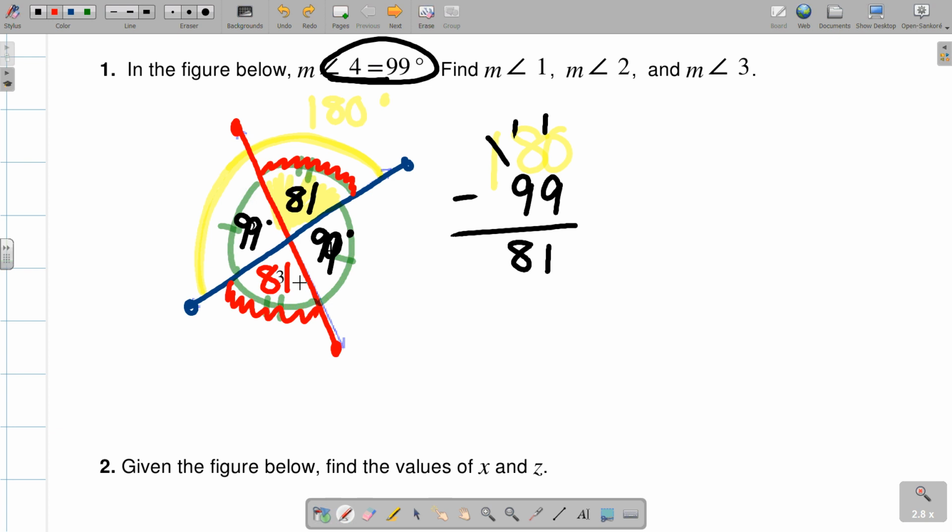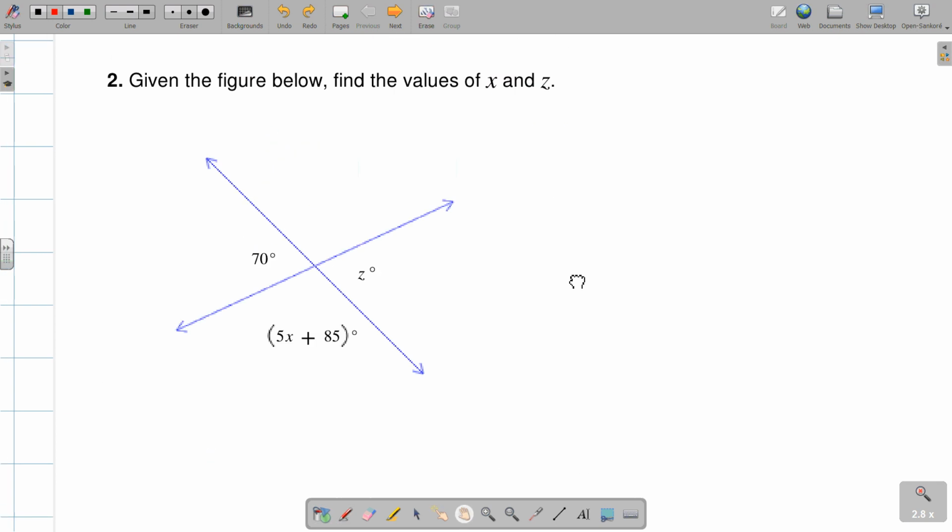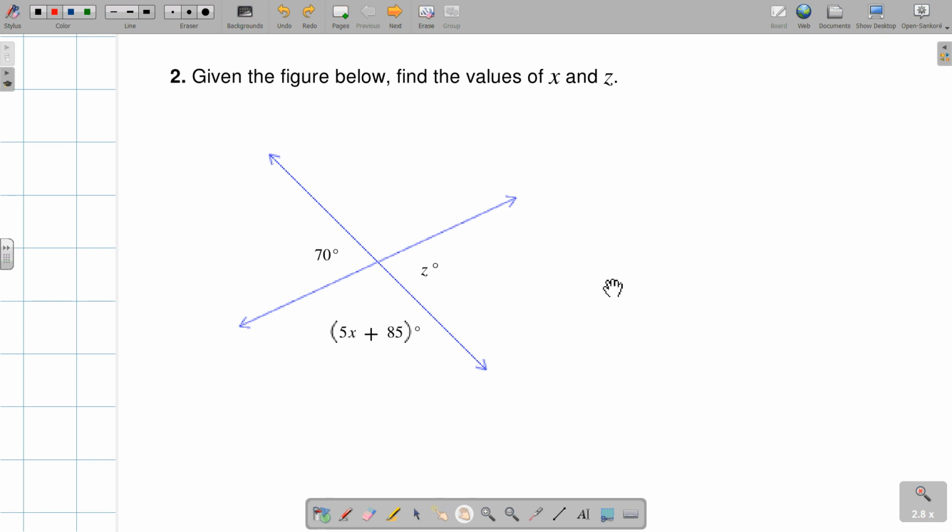Now let's apply that, and let's do some with actual variables. I'd like you to sweep the two relationships that you know are true. Here's a straight line. So the first thing you want to do is go like this. That's a rainbow. That's going to be 180.